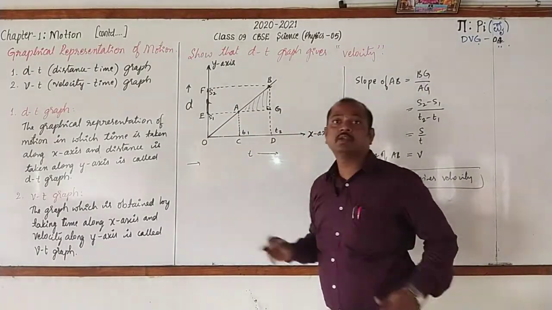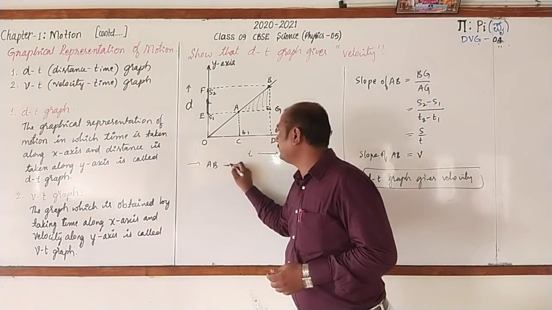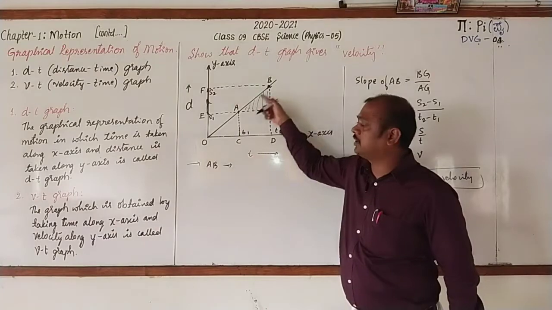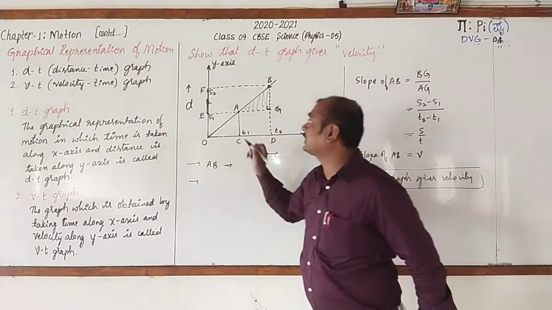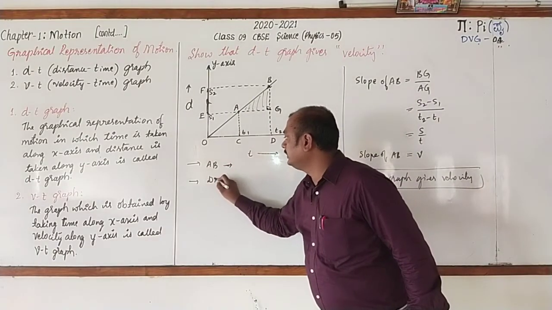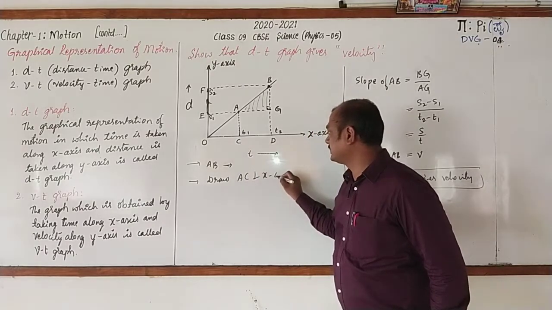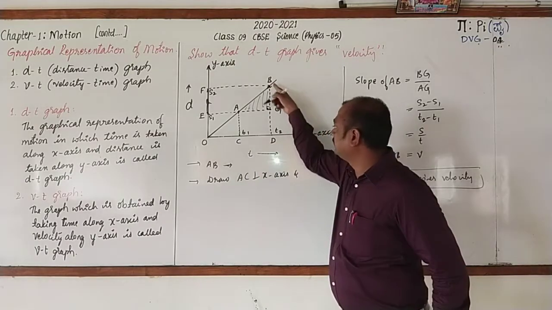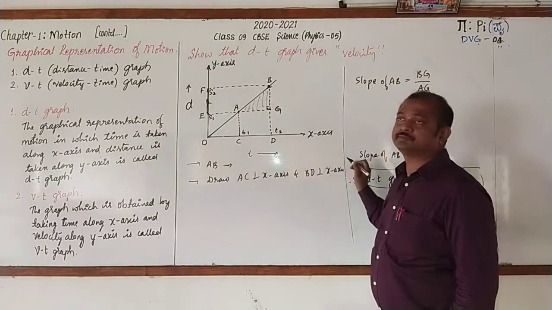Now you have to copy from there to here, and you will have to write some of the points. What is AB? It is a part of the dt graph. Then second point, draw AC perpendicular to x-axis and BD again perpendicular to x-axis.